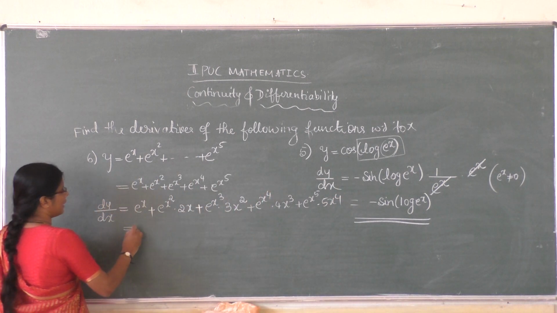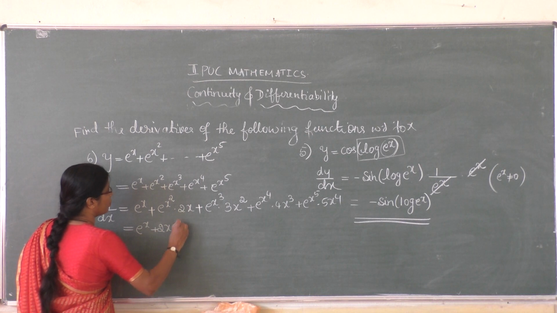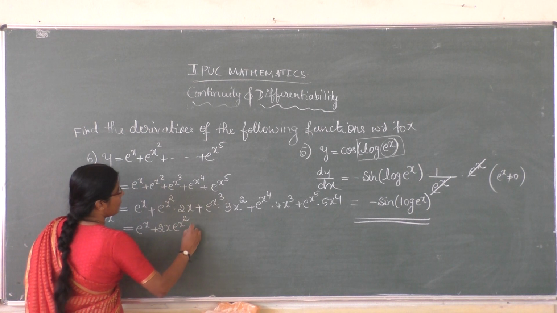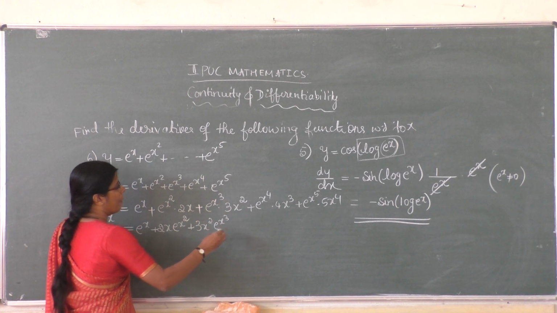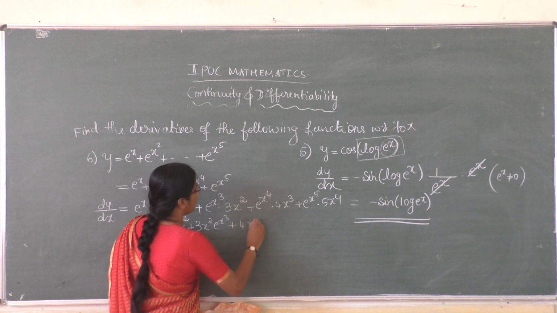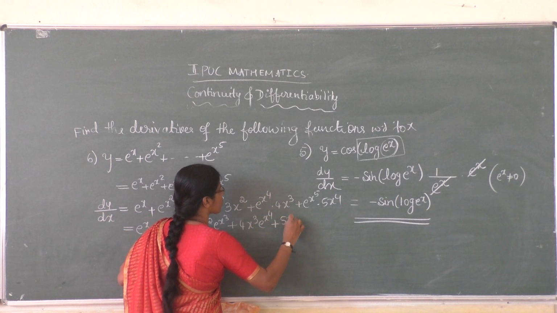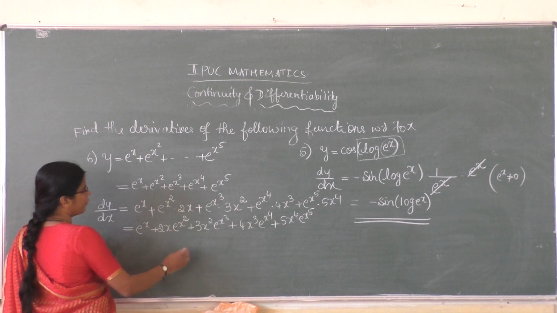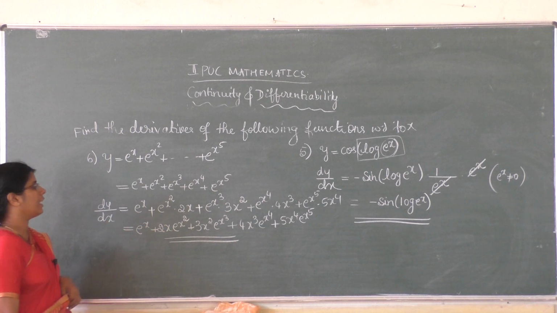So you get here e to the power x plus 2x into e to the power x square plus 3x square e to the power x cube plus 4x cube into e to the power x to the power 4 plus 5x to the power 4 into e to the power x to the power 5. So this is how we get the derivative of such function.